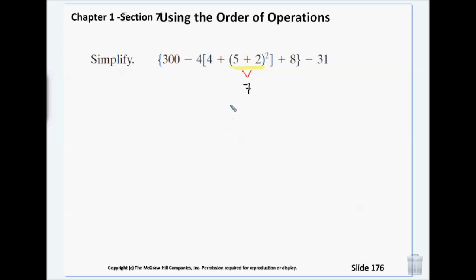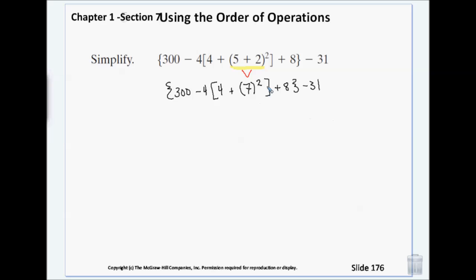That's 7, right? Then everything else I'm going to keep exactly the way it is. I'm just copying it, not doing anything to it.